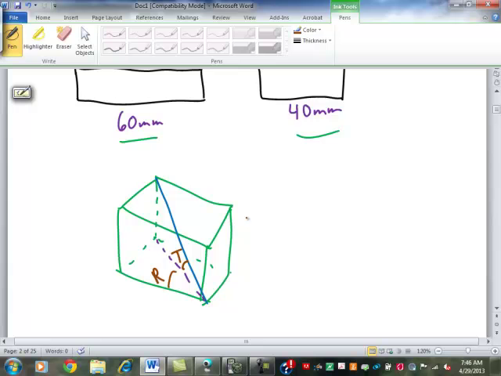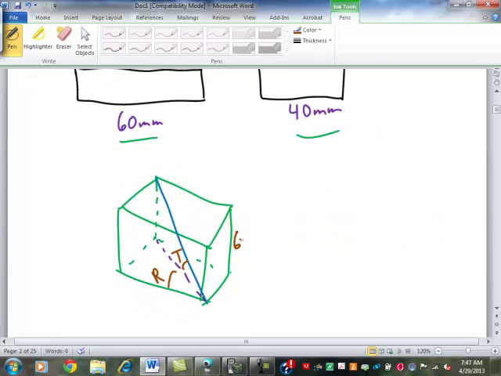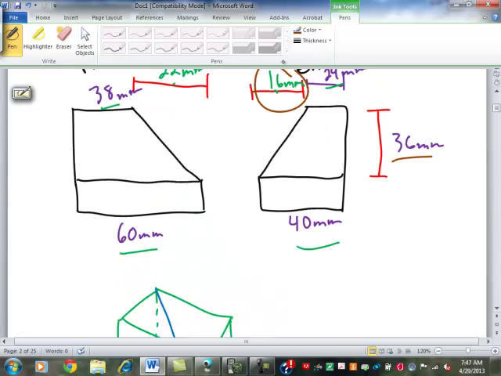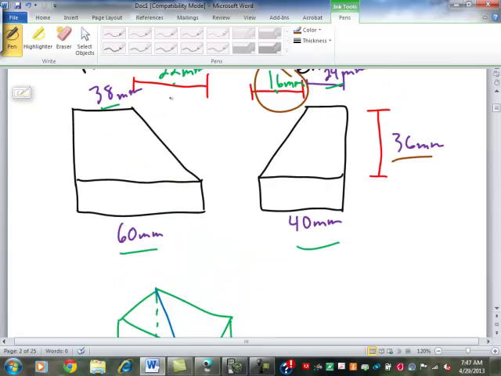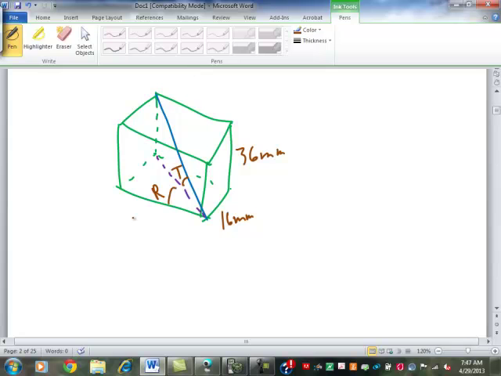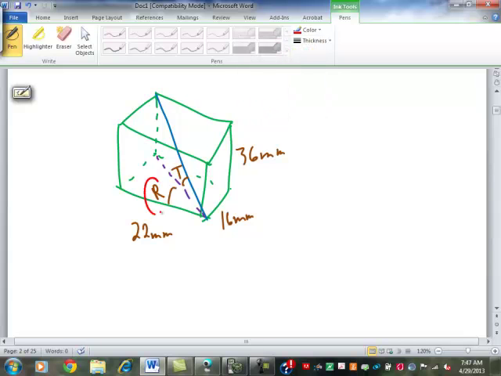We know we were given that this was 36 millimeters here. Oops, 36, not 63. We calculated 16 millimeters here and 22 here. So now our calculations are exactly the same. How do we find R?